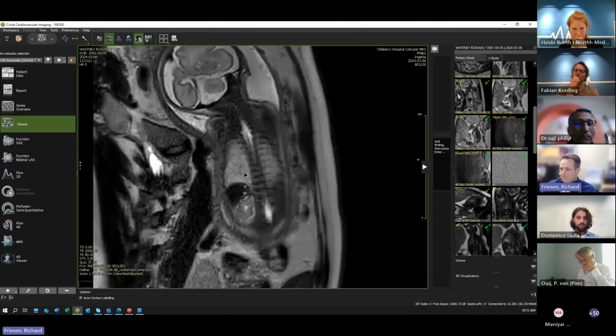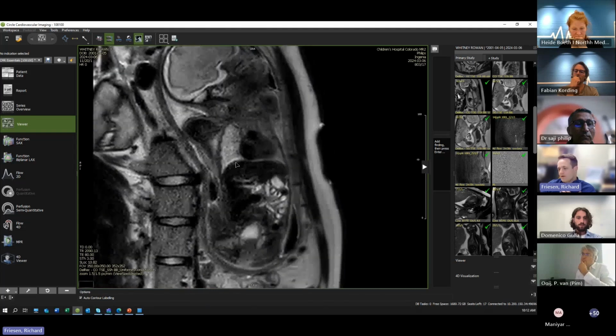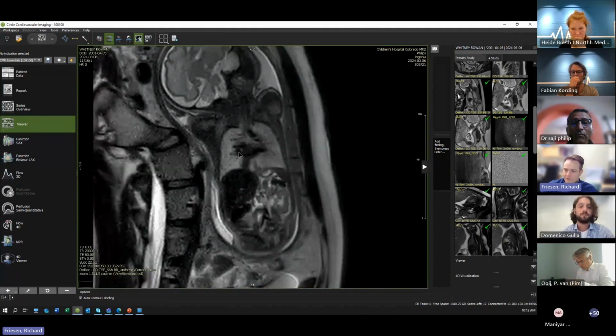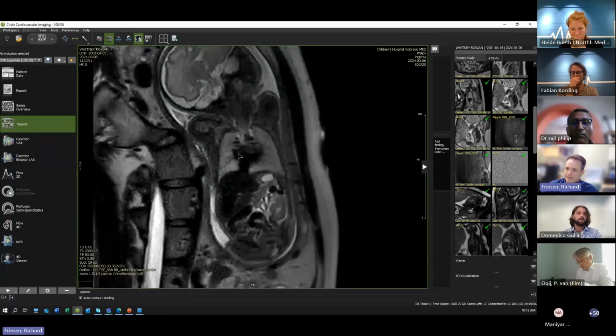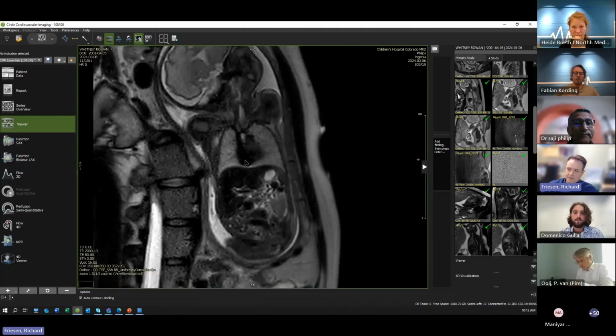Given the decompressing vein that seemed to be preferential towards the right, I don't know if that is a result of severity of congestion on the right side, but that's kind of what we saw, and it didn't seem to be predictive so far of their outcome.